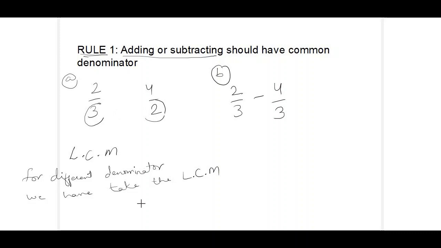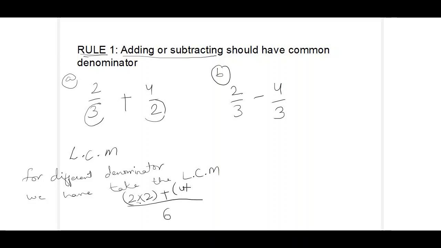For example, the LCM of 3 and 2 is 6. So we need to check how many times it goes. First you write 2 as it is. 3 goes into 6 how many times? 2 times, that is 3 2s are 6. So 2 should be like this. Then plus, we need to check how many times 2 goes into 6, 3 times.